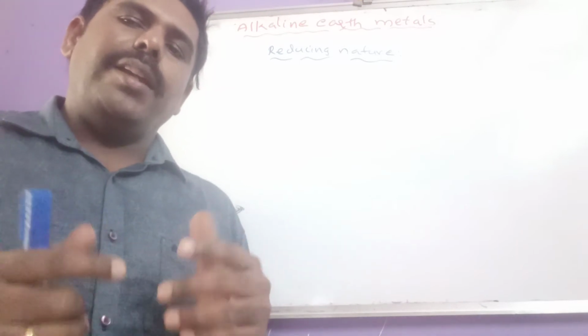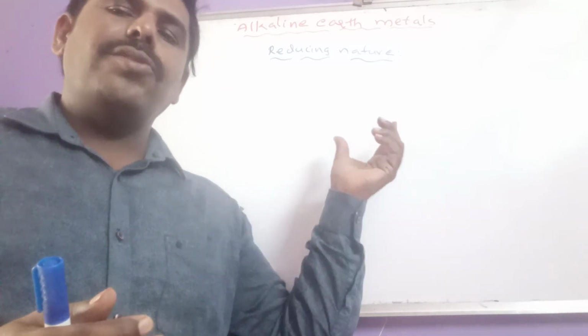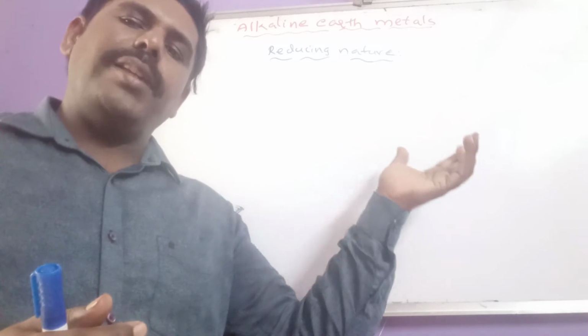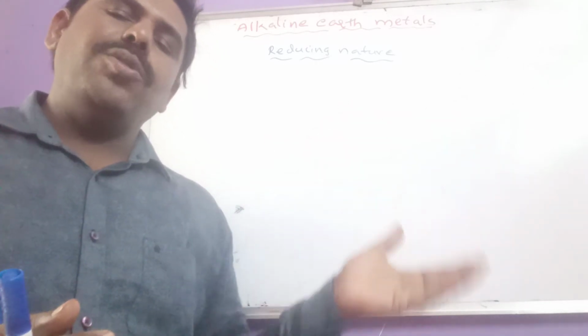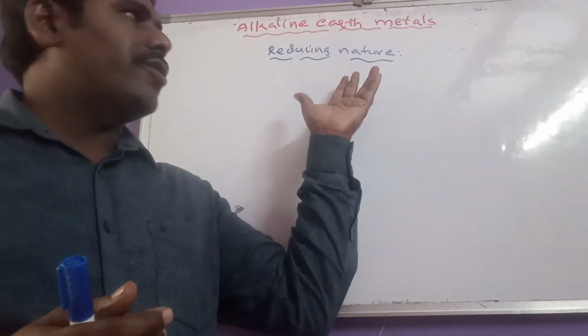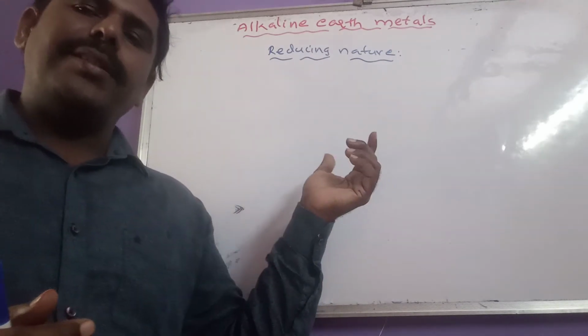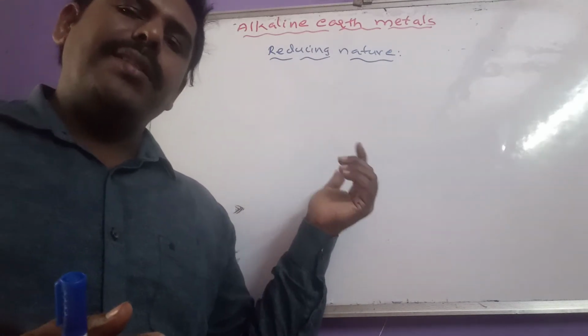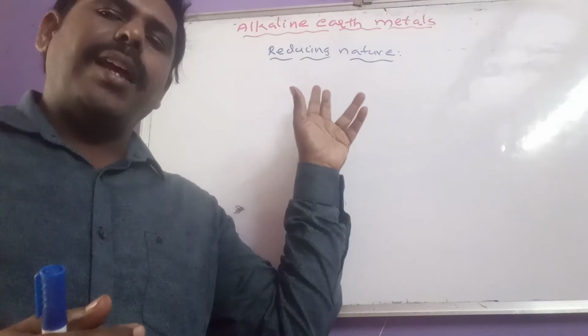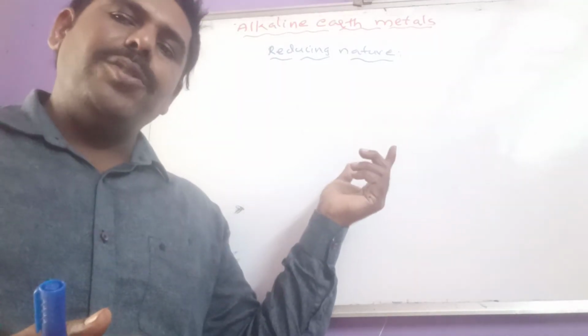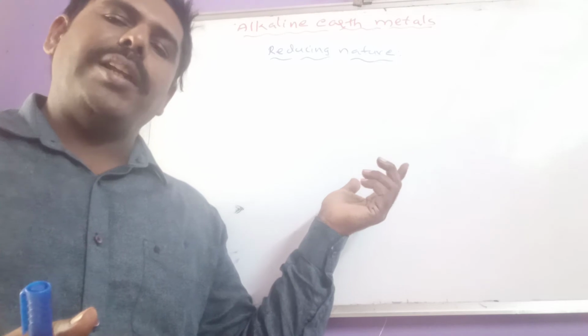But overall, these also have high reducing tendency, and by losing electrons they act as strong reducing agents. And the evidence for that is that these have a more negative reduction potential value.